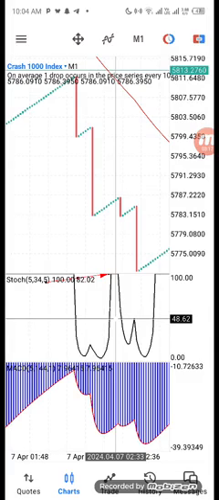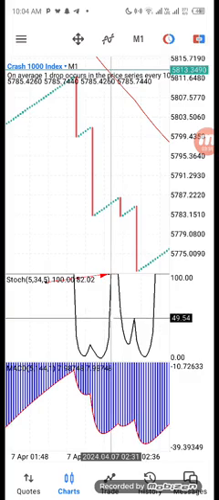For the accuracy of the signals, stick with only 2 candles reversal. If you stick with only 2 candles reversals, the probability of getting high winning trades is on your side.